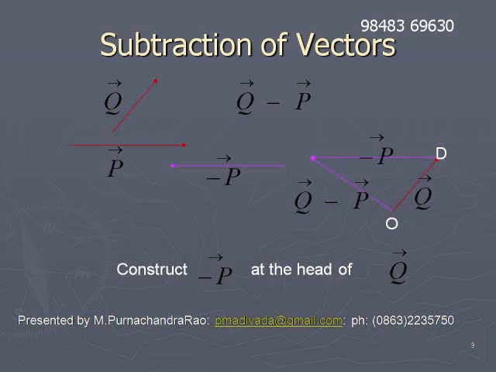Now this is q bar minus p bar. That means we add minus p bar to q bar, then we will get q bar minus p bar.